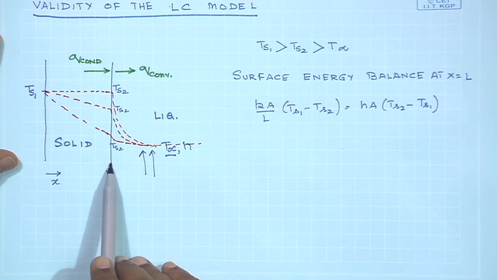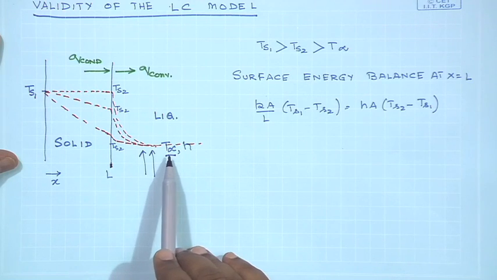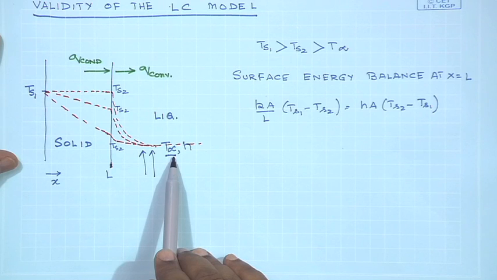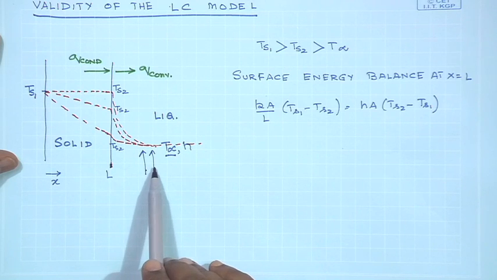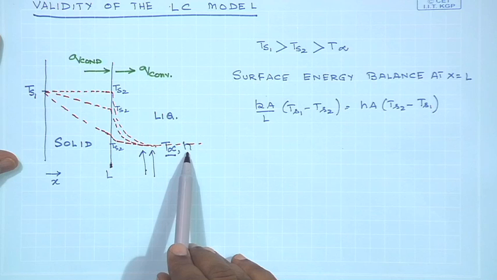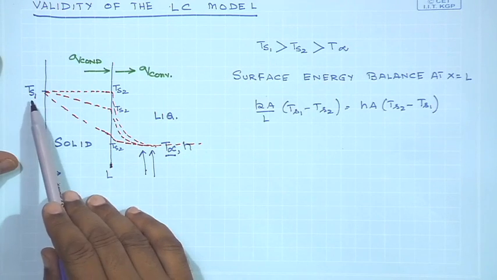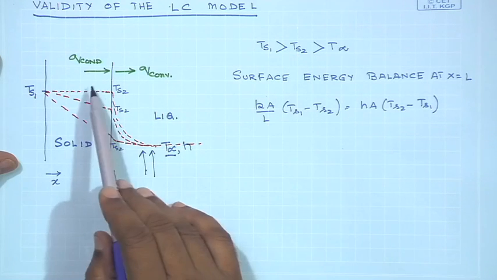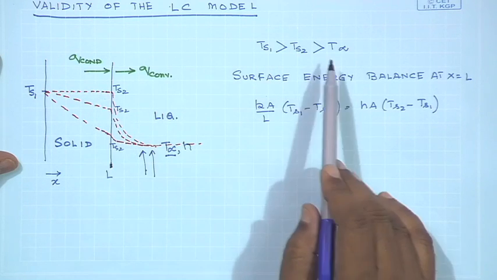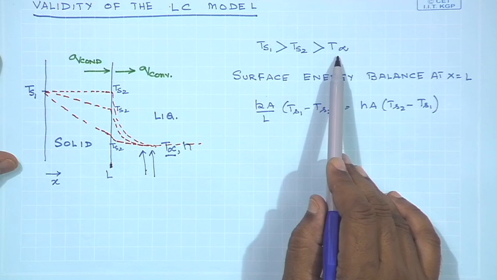So, this x equals L boundary of the solid is experiencing a convective heat transfer process due to its interaction with a fluid whose temperature is T infinity, and the flow of the liquid maintains a convective heat transfer coefficient denoted by h. And it is further assumed that Ts1, the temperature at this location, is more than Ts2, the temperature at the interface, and it is greater than T infinity.